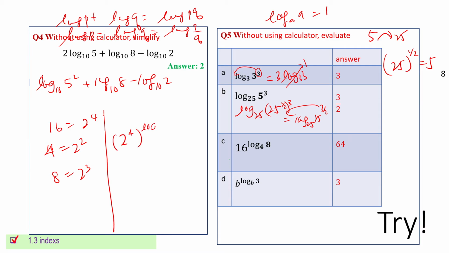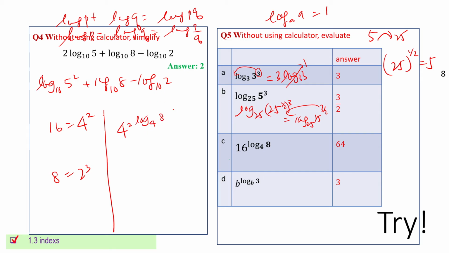Log 4 is log 2. Okay, when I want to change log 2 8 to base 2... Oh, I think the easiest one is to change to log 4, so we no need to do so many things. If I change to this 4, I don't need to do anything. 16 is 4 to the power of 2. So 16 actually is 4 to the power of 2, log 4 8.